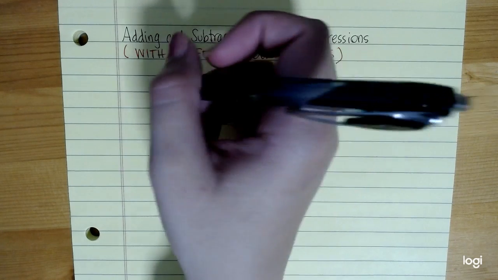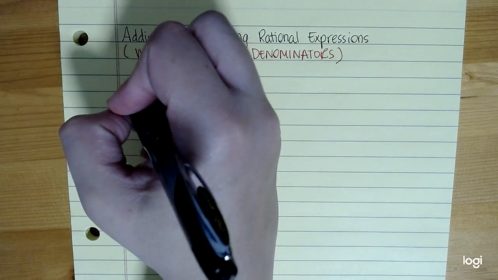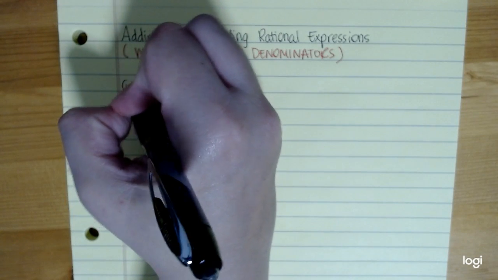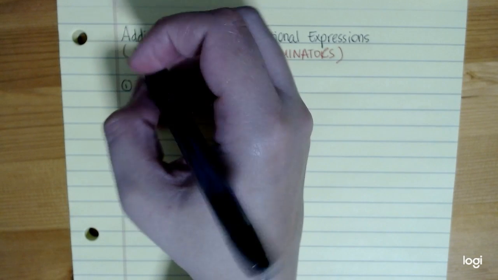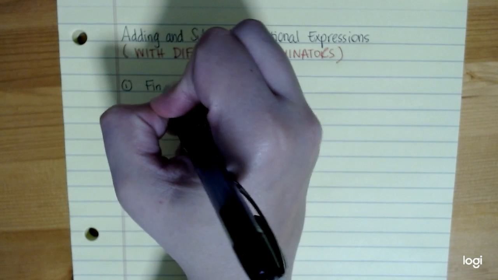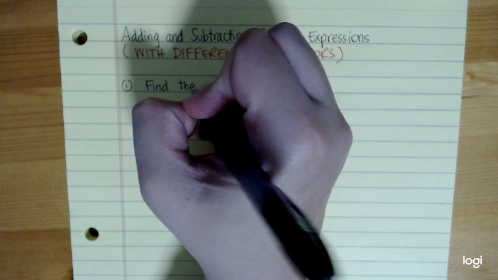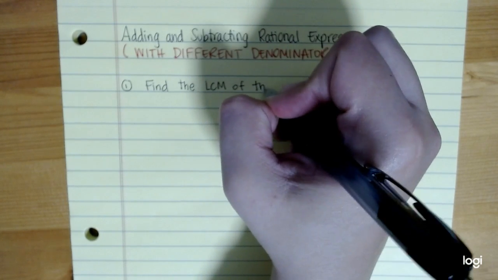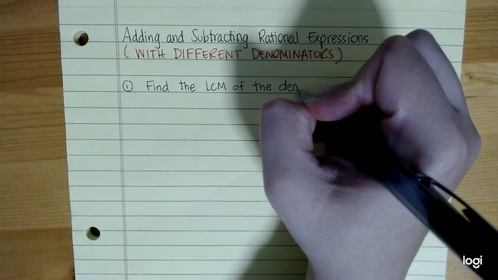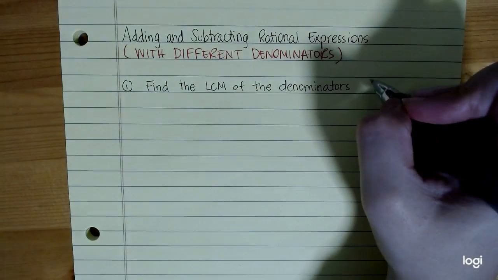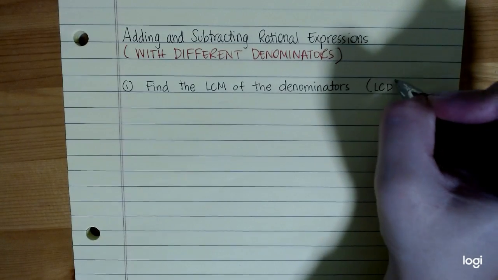So I want to remind you what we do with regular fractions. When we have different denominators, the very first thing that we want to do is find the LCM of the denominators, which we call the LCD, the least common denominator.